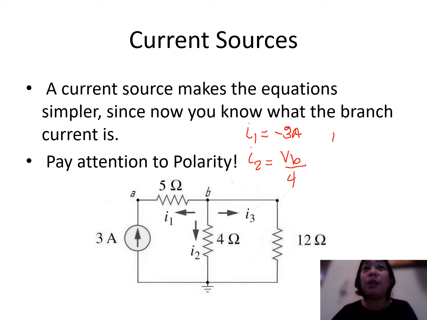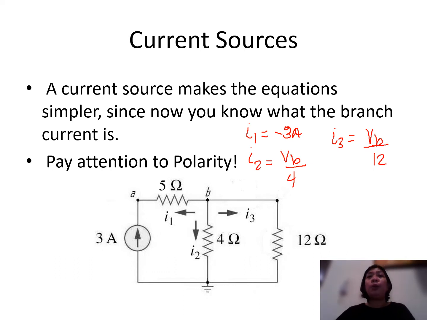So we can write here your I3 is equivalent to VB minus 0 again. This is considered as only one node, because we don't have any resistor here. So that will become VB all over 12.